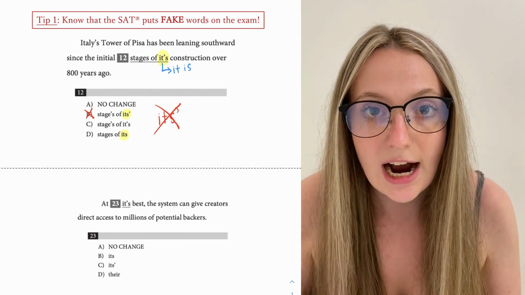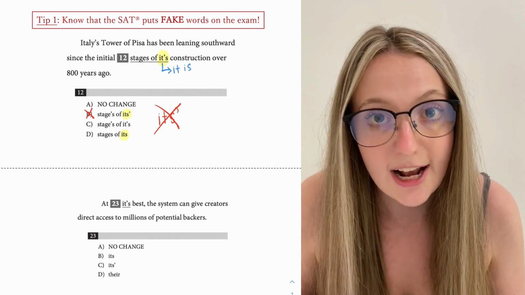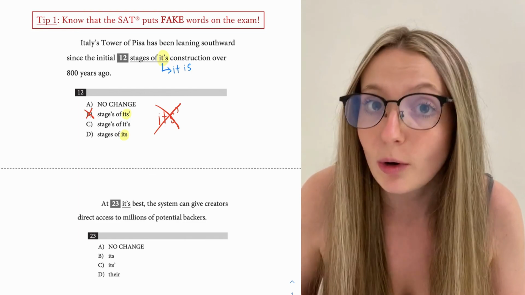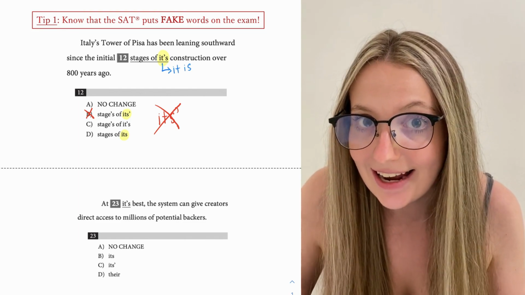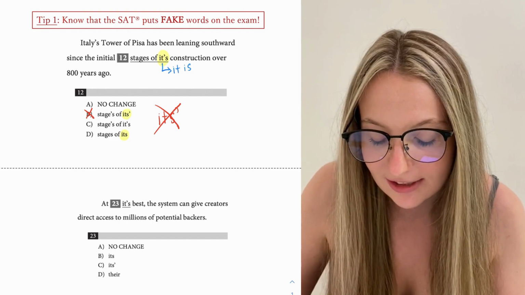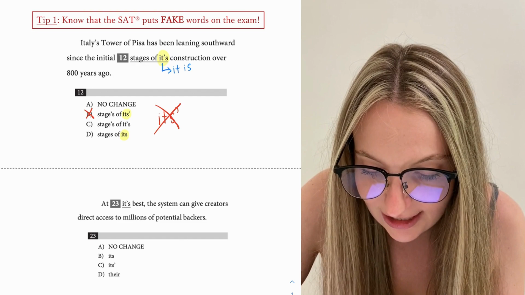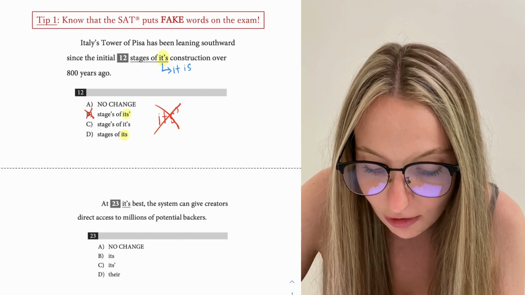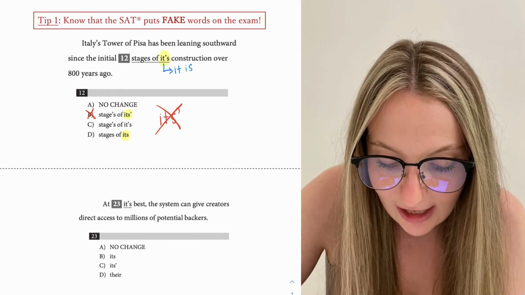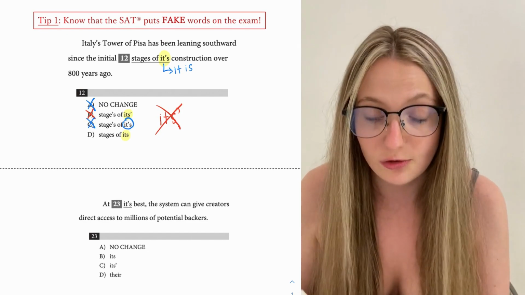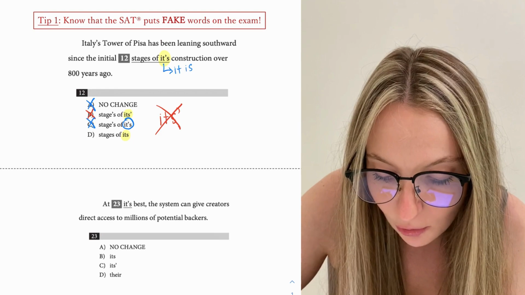Whenever you see IT'S and you're plugging back in the answer choices to see which one would be correct, you want to plug it in as it is, not it's. So you'll very easily be able to see if it sounds correct. Can we say since the initial stages of it is construction? Definitely not. So it can't be A and it can't be C because that's also IT'S. So it has to be choice D.